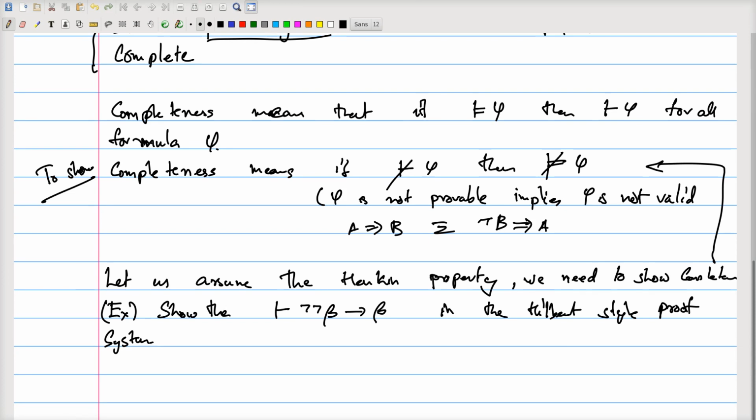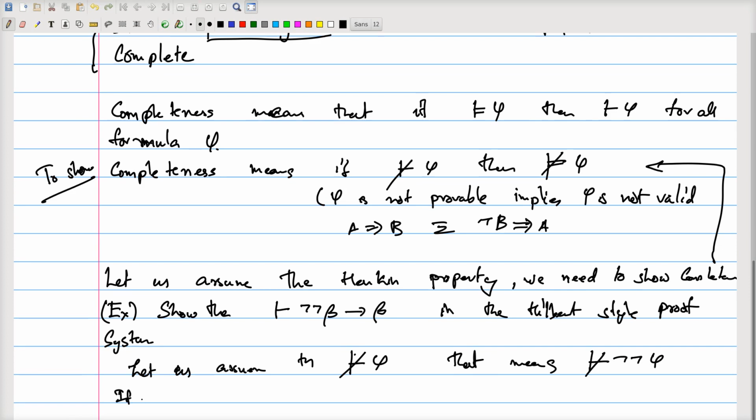So let's start. Let us assume that phi is not provable. That means not phi is not provable. Why is that?